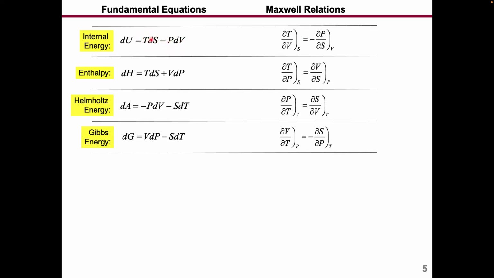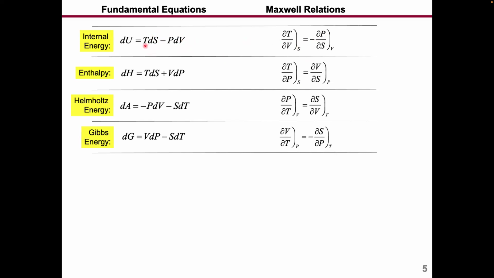So basically, this is what we are talking about here. It is going to be equal to minus P. Again, minus P is the first derivative of U with respect to V while holding S constant. But if you take a second derivative, it's minus P, taking the derivative with respect to S while holding V constant.